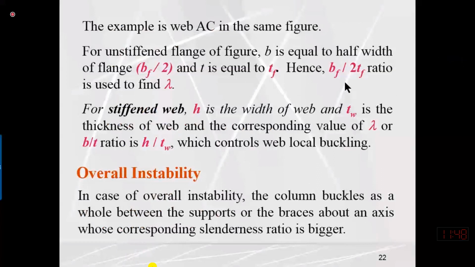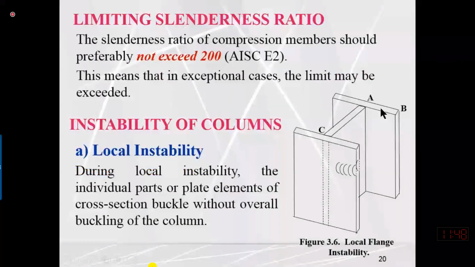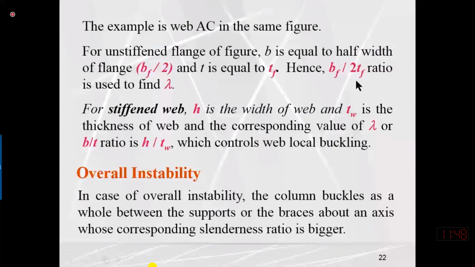In an I section, Bf is the total width of the flange, so the length from A to B is Bf by 2. So the B over T ratio, or lambda f value, of the unstiffened element for a W section is equal to Bf over 2Tf.